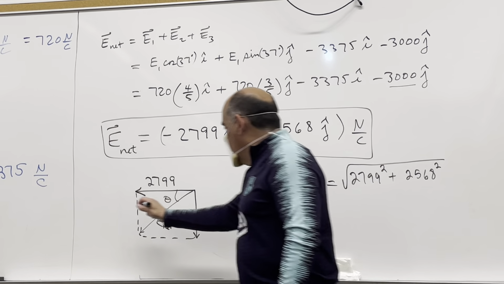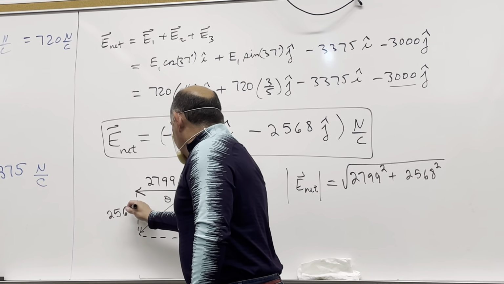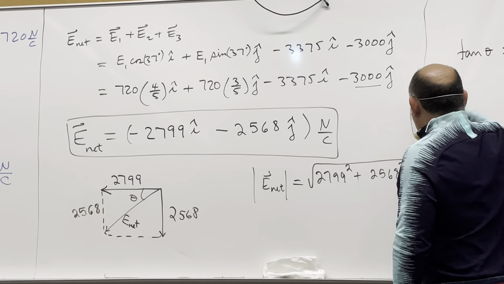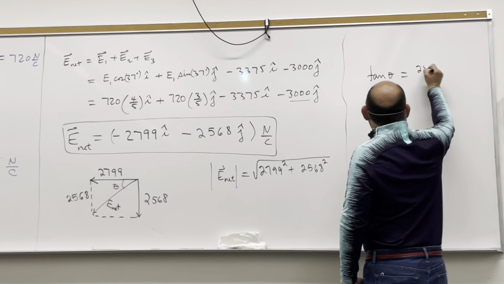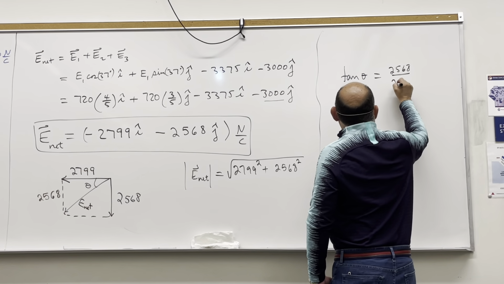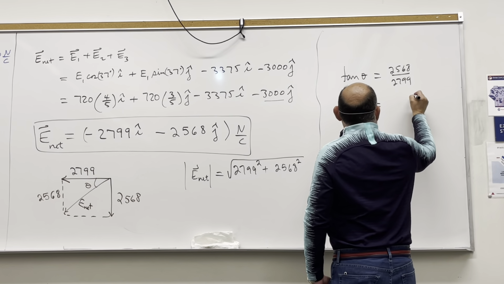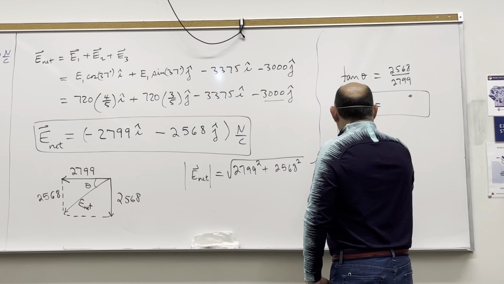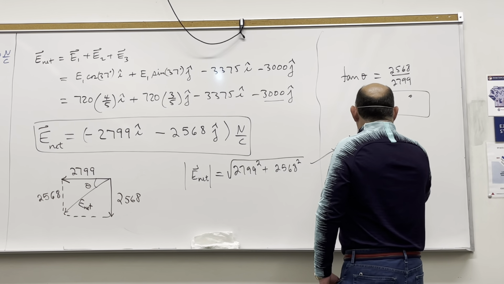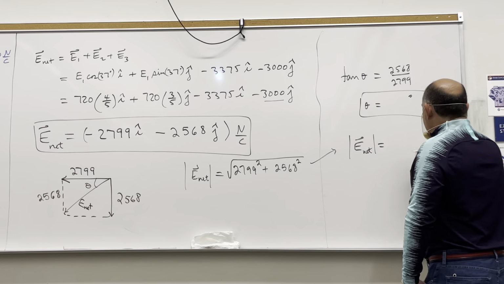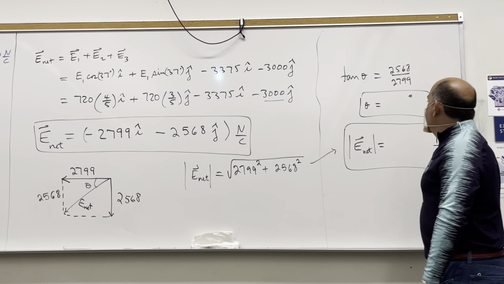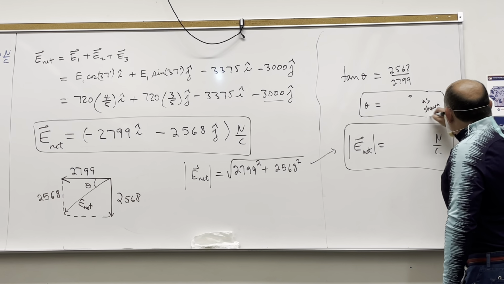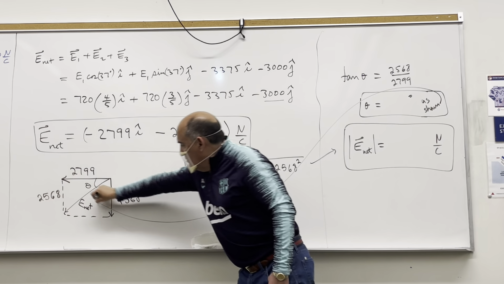And for the angle, this is 2568. If I take the tangent of theta, it's the opposite side, right? 2568 over 2799. Take the arctangent, and that's so many degrees. And then E net is, I don't know what that is, in newtons per coulomb. And this one is going to be as shown here.